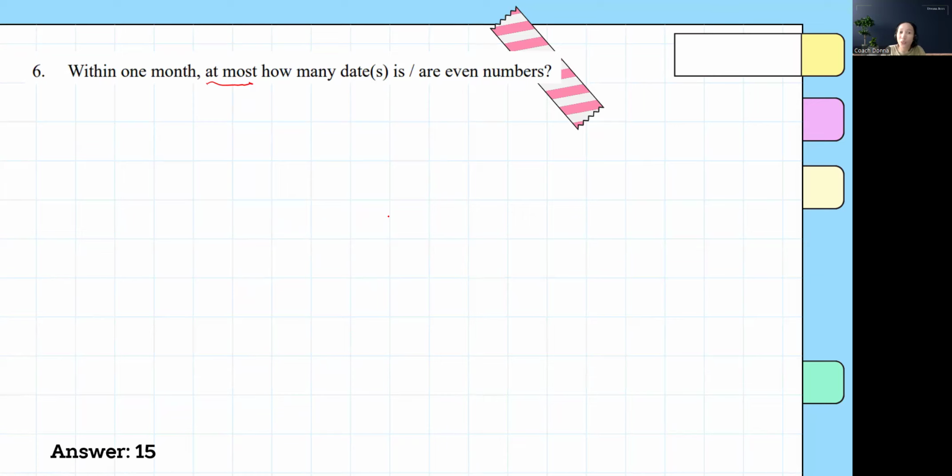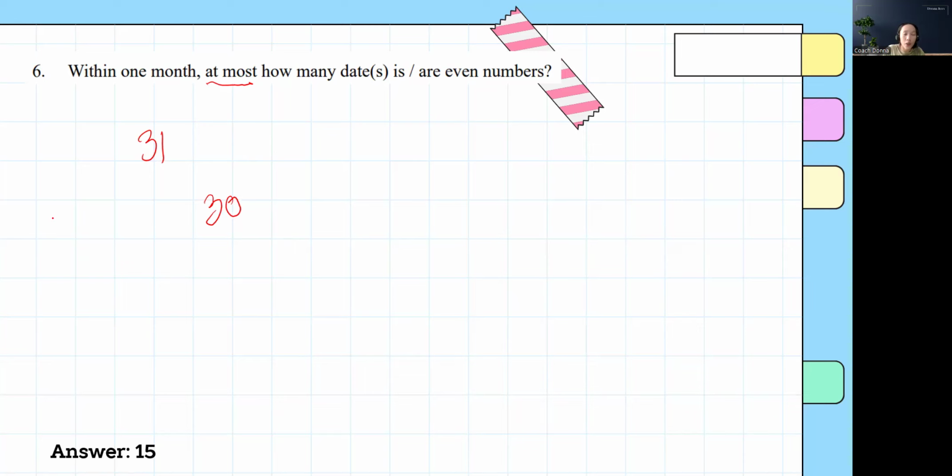So that is 31 days. And in 31 days, how many even numbers are there? The next lower even number to 31 is 30, right? So 30 days. So how many even numbers from the start of the date?